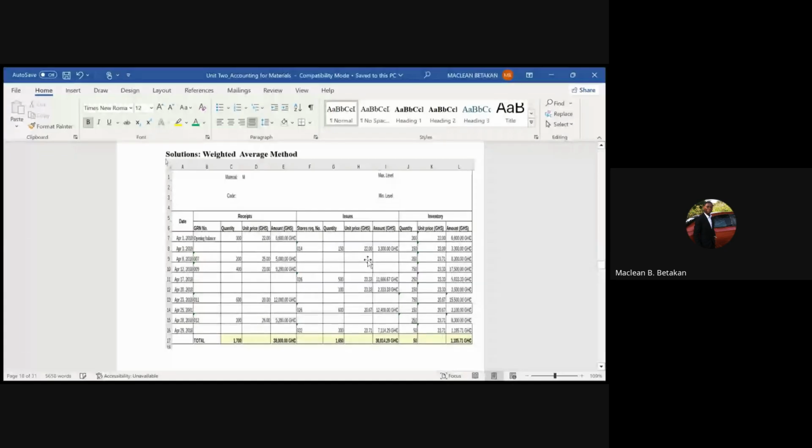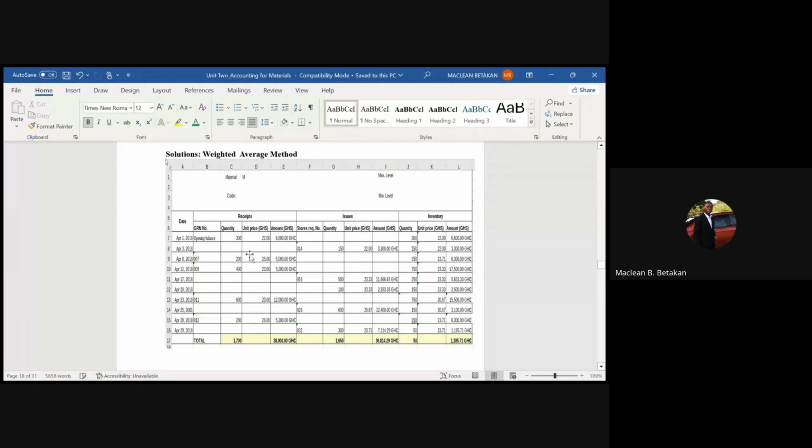And then the next day, you have received 200 units at 25 cedis, and then it is giving you 5,000. So what you do is take these 200 units and add it to 150. So 200 plus 150, what will you get? 350. So you put it here, 350.